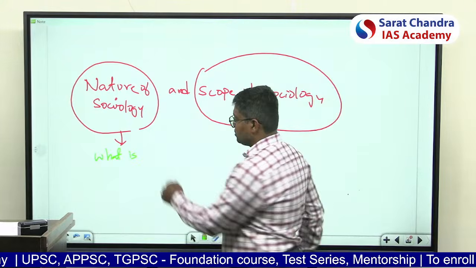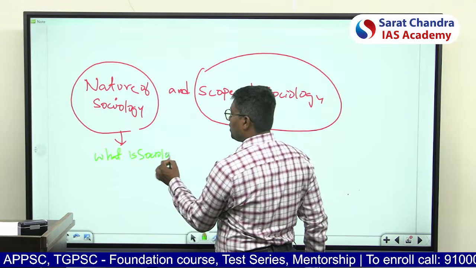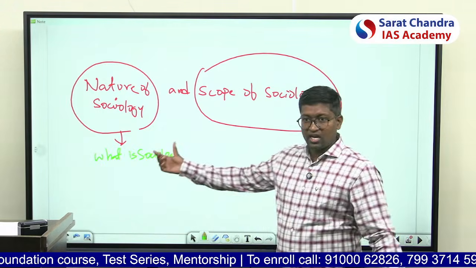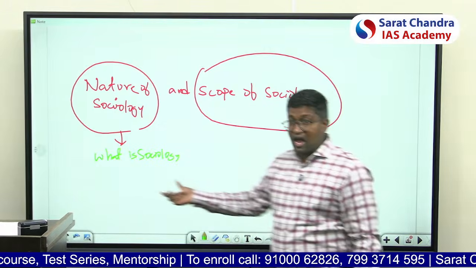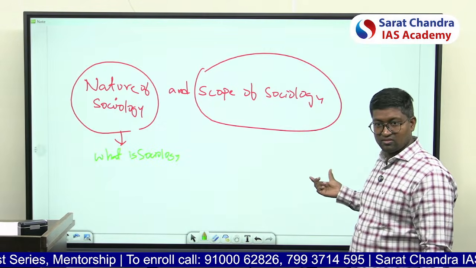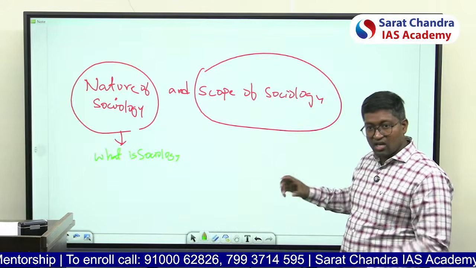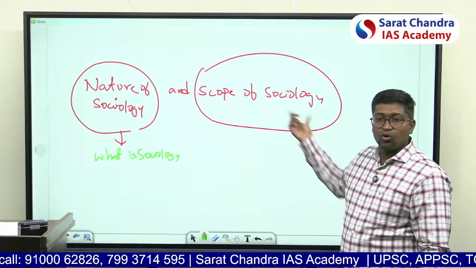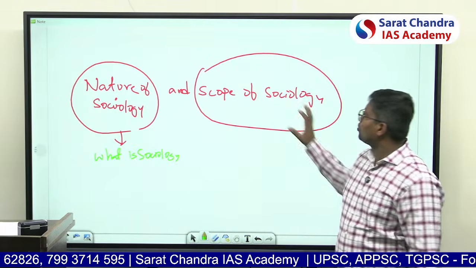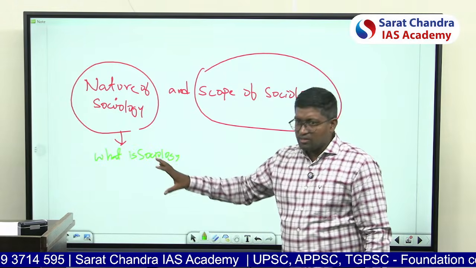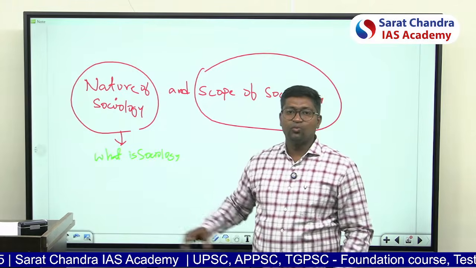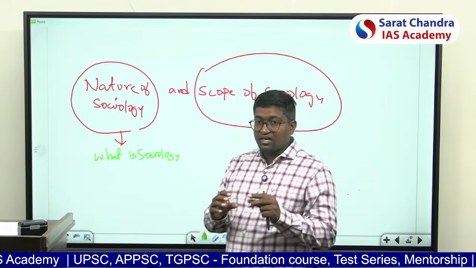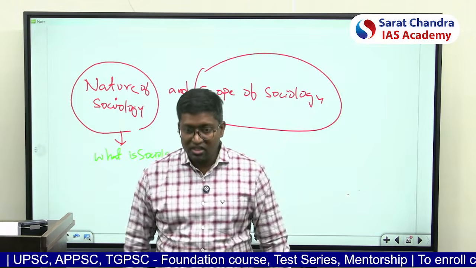What is sociology? Study of society. How do we study society, how we use sociology and how we understand societies. So nature and scope of sociology is the simple point. What is sociology? What are its characteristics? What are the methods we use in sociology?